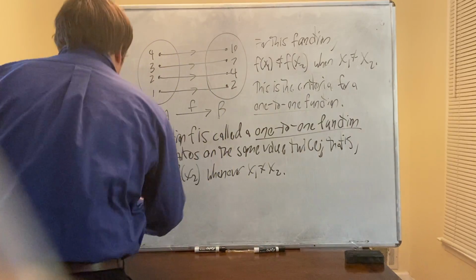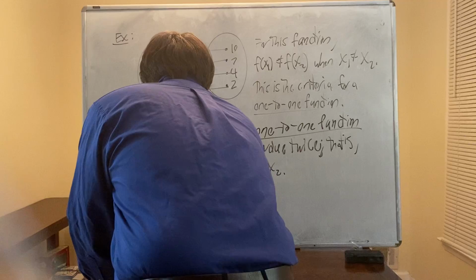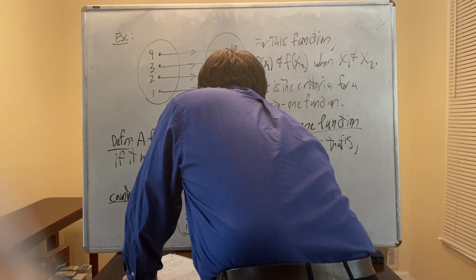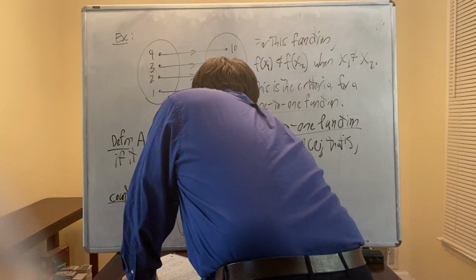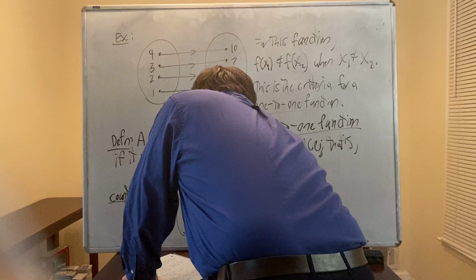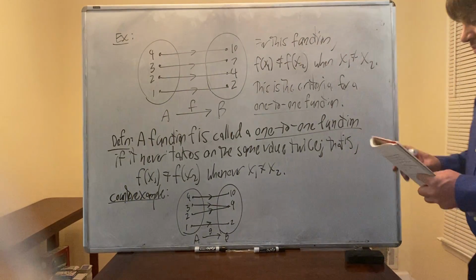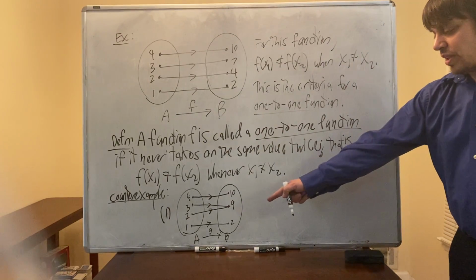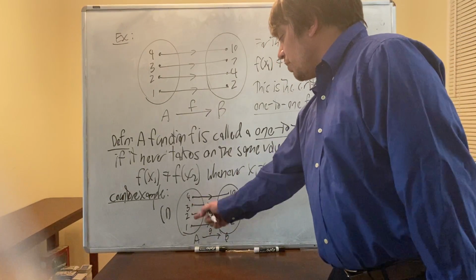Okay, so here's a counterexample. The first counterexample is a function g from A to B. That's because this function does take on the same value twice. 2 and 3 are two different inputs, but their image is the same.